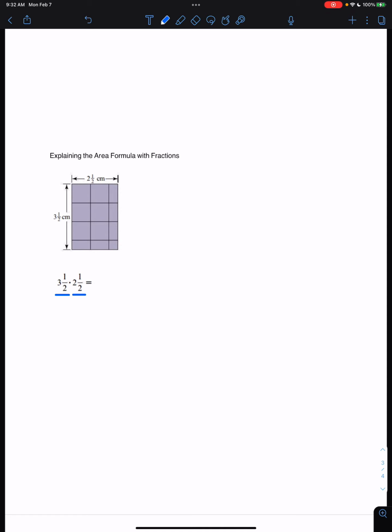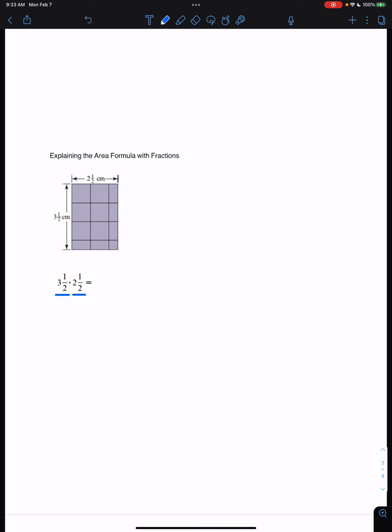Because sometimes we get confused and we misapply the multiplication algorithm for mixed numbers. So helping us to see this visually might help to think about whether I'm getting the correct answer or not.